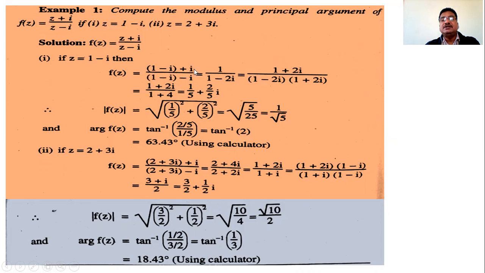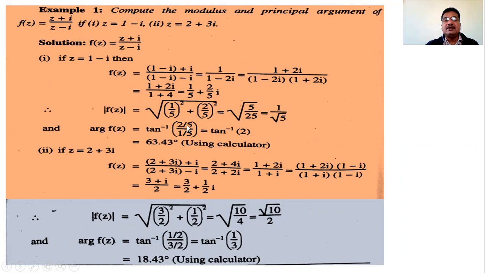We have to find this division, which means multiplying by its rationalizing factor, 1 plus 2i divided by 1 plus 2i. That is rationalization. Then we have this answer, 1 by 5 plus 2 by 5 i. This is the number in the form x plus yi. Then you find its modulus and its argument.